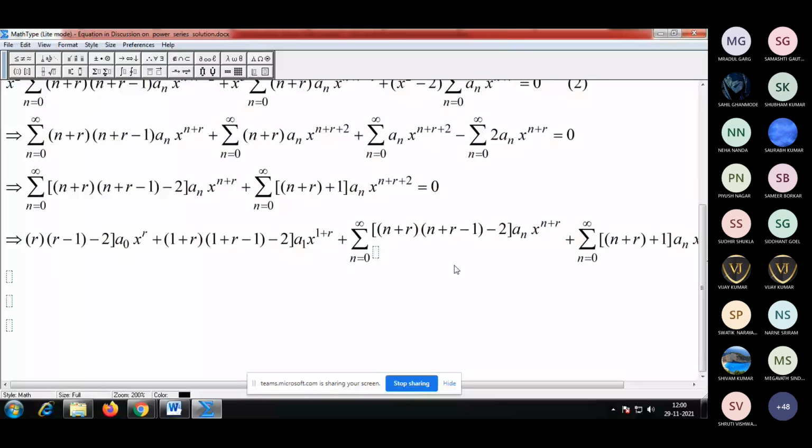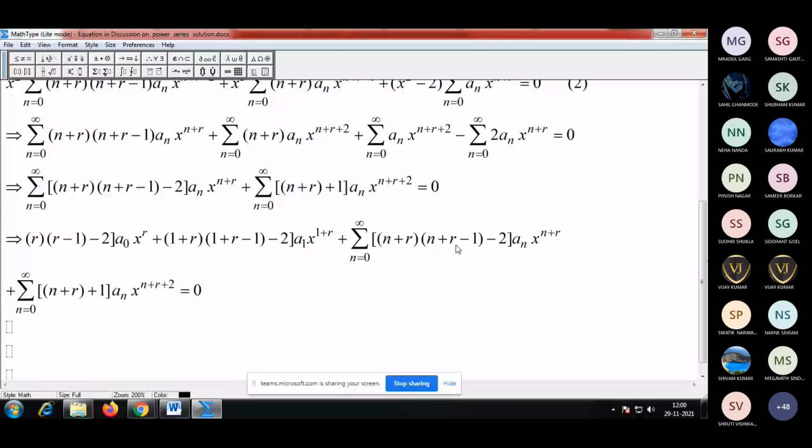Now the next term, where n starts from 2 to infinity. But in order to combine all these, we may replace n by n plus 2.